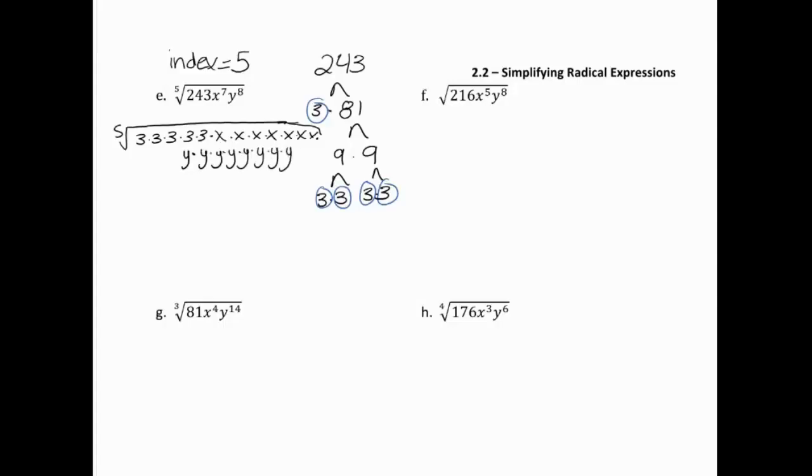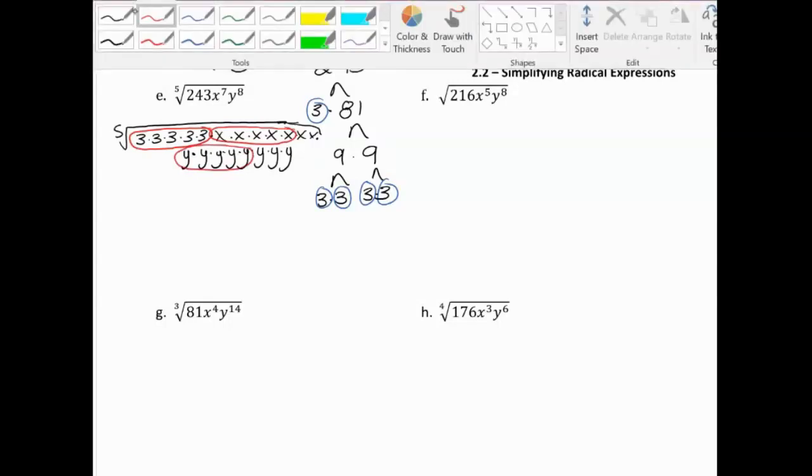All right, so we're going to be making groups of 5. So we can make a group of 5 with the 3's. So 5, and then 1, 2, 3, 4, 5 with my x's, and 1, 2, 3, 4, 5 with my y's. Remember, we're going to take out one of them.